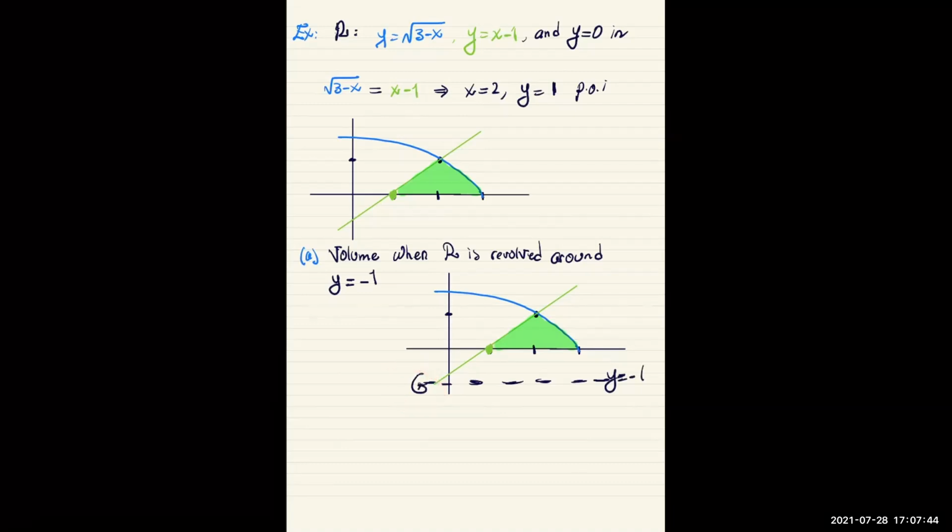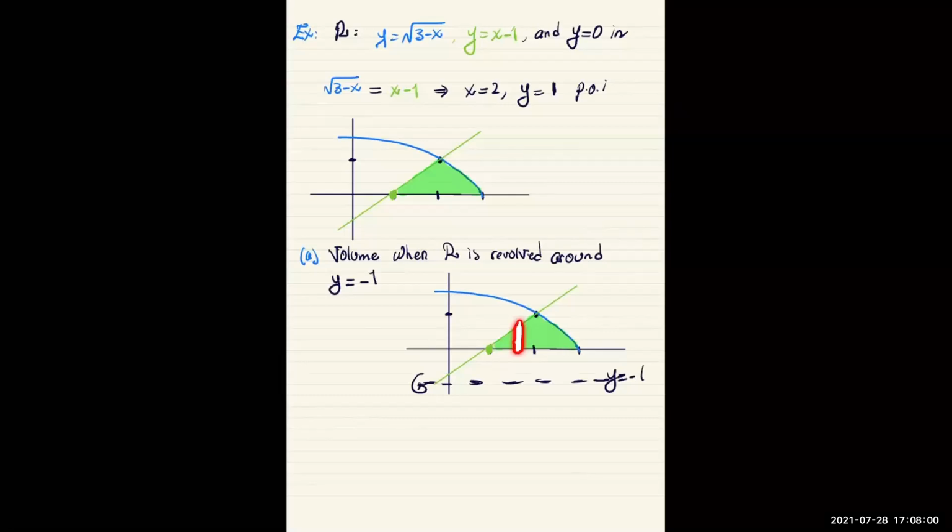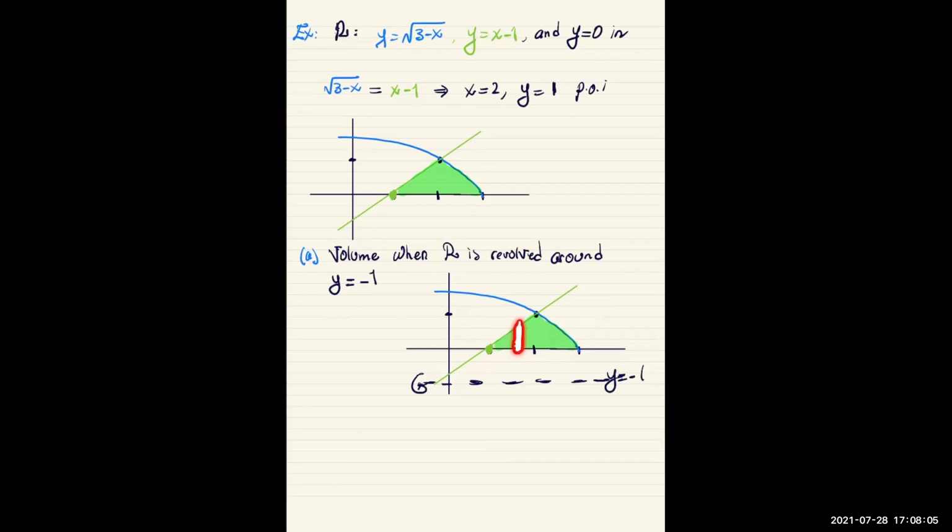As it's going around this line, I want to find a volume. If I take a vertical strip like that and revolve it around y equal to -1, what is that going to create, guys? A shell or a washer? Washer. It's a washer.